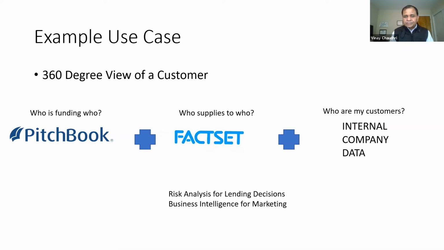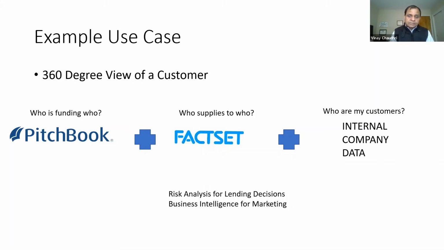And that kind of information could be very useful, but to make effective use of that information, they have to be able to correlate FactSet information with the information they have available internally.